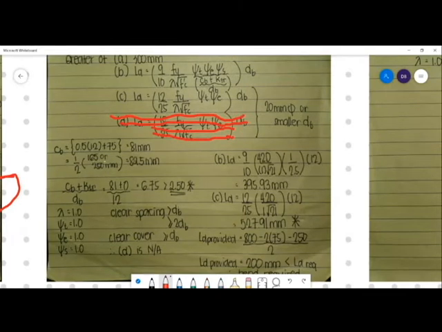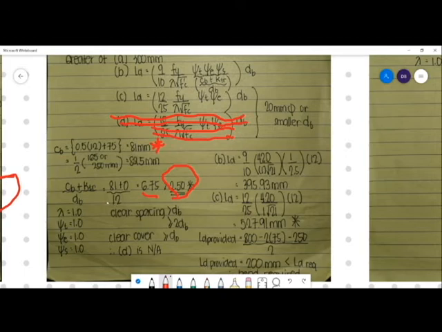So maliit yung 165, so we use 165 over 2, 82.5. So this is the formula that we're going to use. But you know na Cb is equal to 81 plus 0 over 12, 6.75, which is greater than 2.5. So we use this formula.